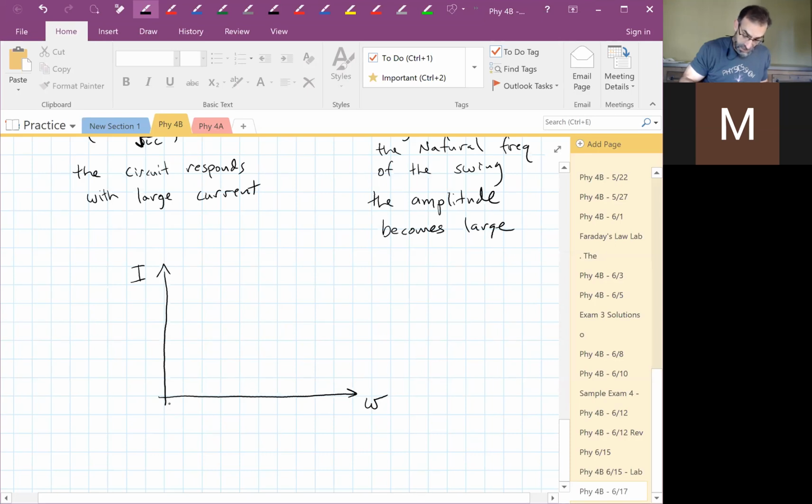At the natural frequency, omega naught, you get maximum current flow. And as R becomes smaller, the peak becomes higher.